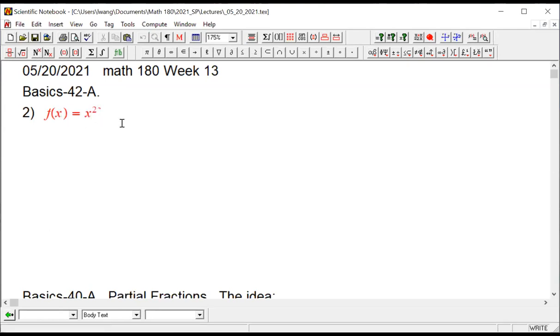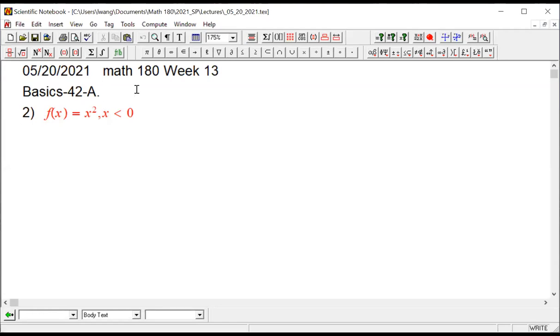This function doesn't have an inverse. But if we require x is less than 0, it does, because we just use the piece on the left. Do you follow me?